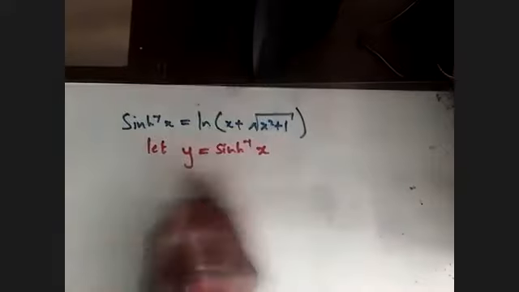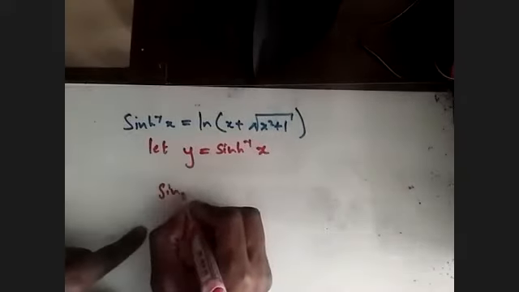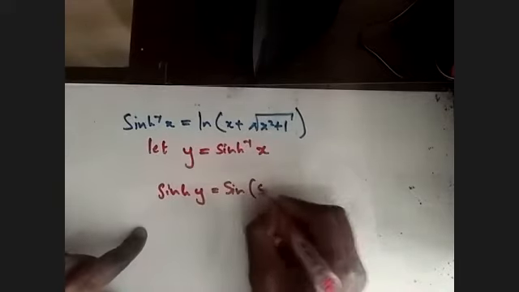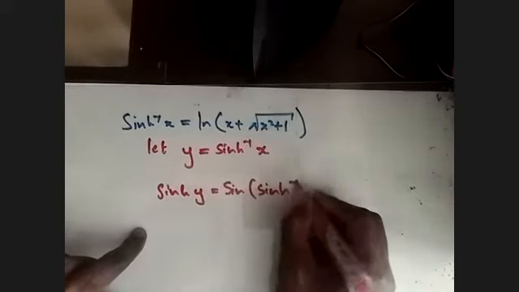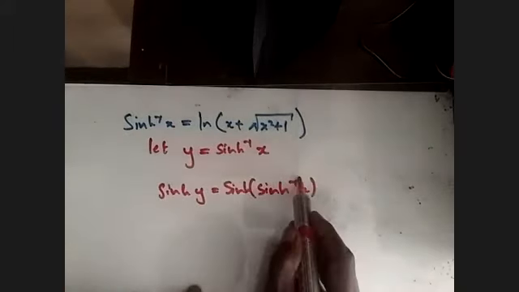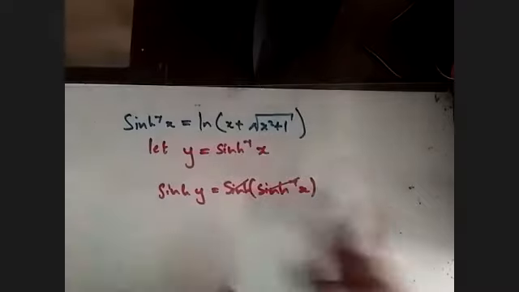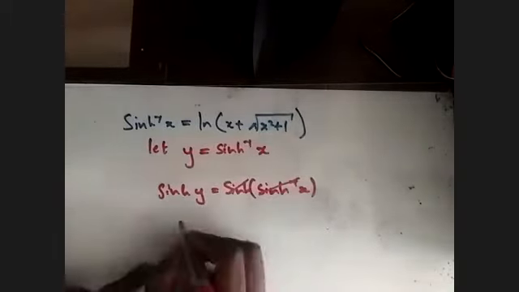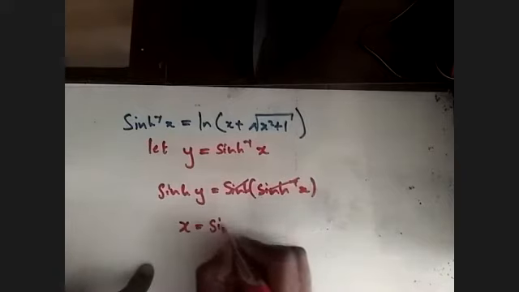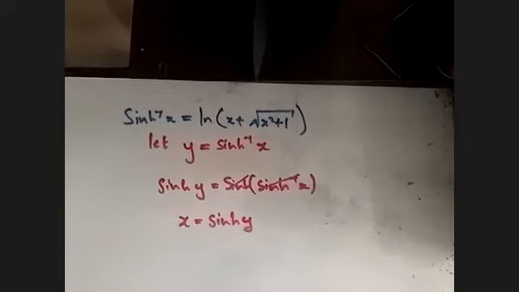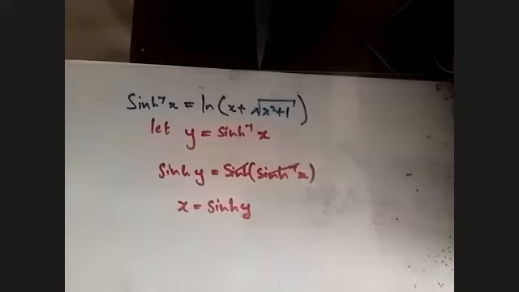Then we are going to introduce sinh on both sides. Sinh of y is equal to sinh of arcsinh of x, and as you can see, this and that will cancel, or they will give us 1. Then we're going to have x is equal to sinh of y. So this is just the first part of this particular proof.